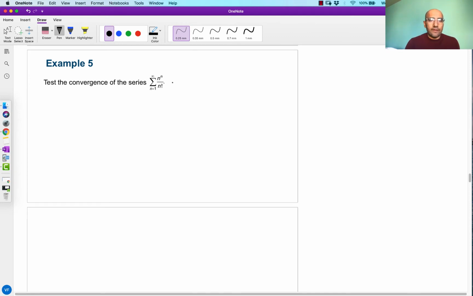When n equals 1, we end up with 1 to the 1 power divided by 1 factorial, plus, when n equals 2, 2 to the 2nd power divided by 2 factorial, plus 3 to the 3rd power over 3 factorial, plus 4 to the 4th power divided by 4 factorial, and 5 to the 5th power divided by 5 factorial, plus, and keep going in that pattern.